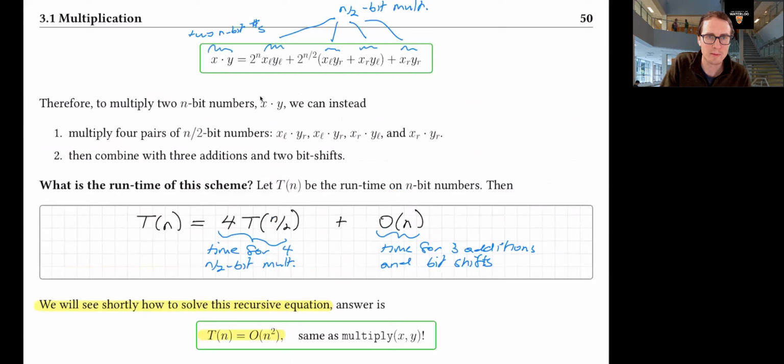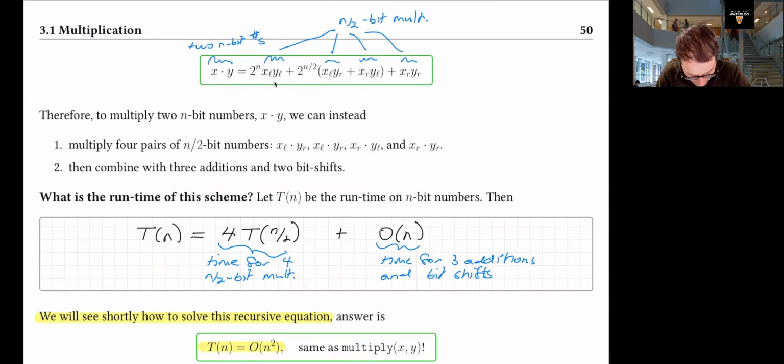I think I have a typo up here. This should say x left times y left, x left times y right, x right times y left, and x right times y right. Those are the 4 multiplications.